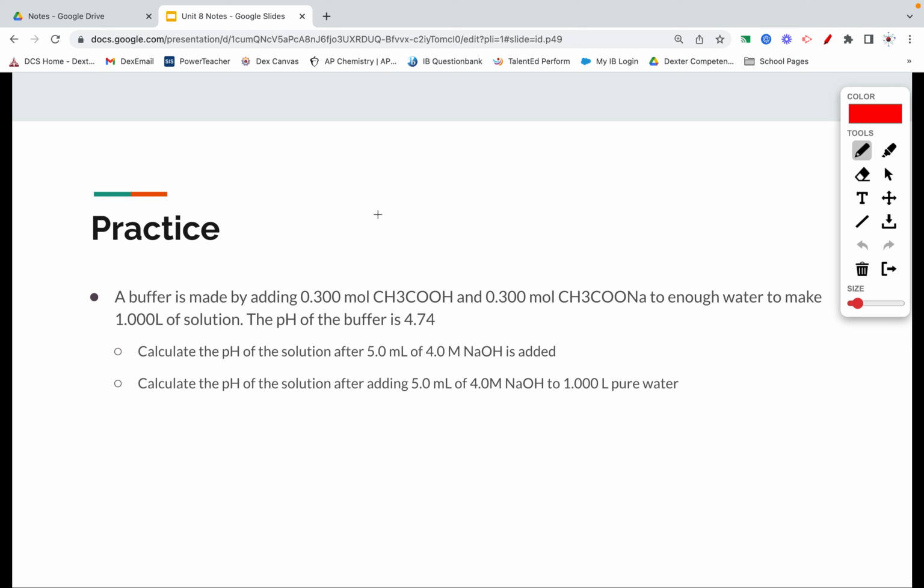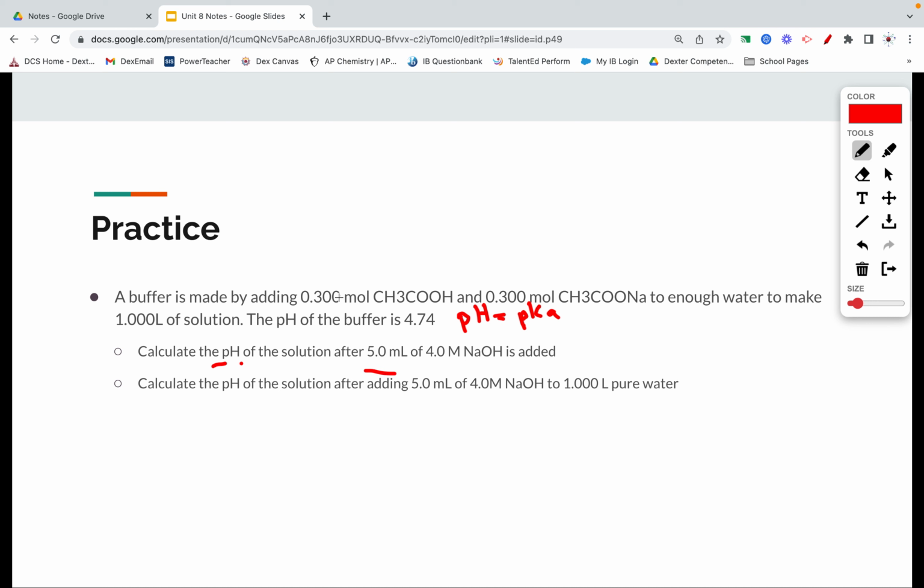So remember that buffer pH is equal to pKa, so we can know what the pKa is based upon that. Then we add 5 milliliters of our sodium hydroxide. What we need to do is figure out what the pH is going to be after adding 5 milliliters.